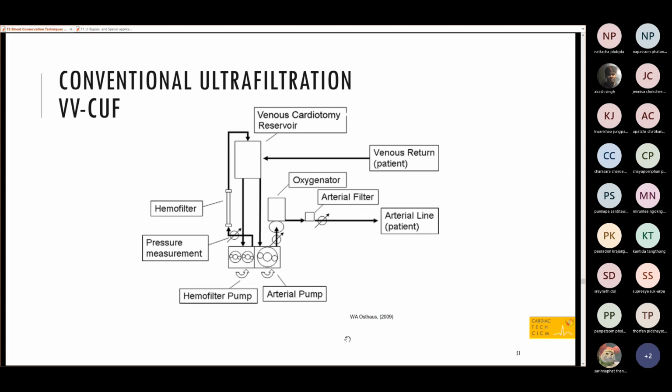But another kind of conventional filtration we call VV cuff, or from the venous to the venous side. So it's quite different. It's just only one point that is different from the AV cuff.